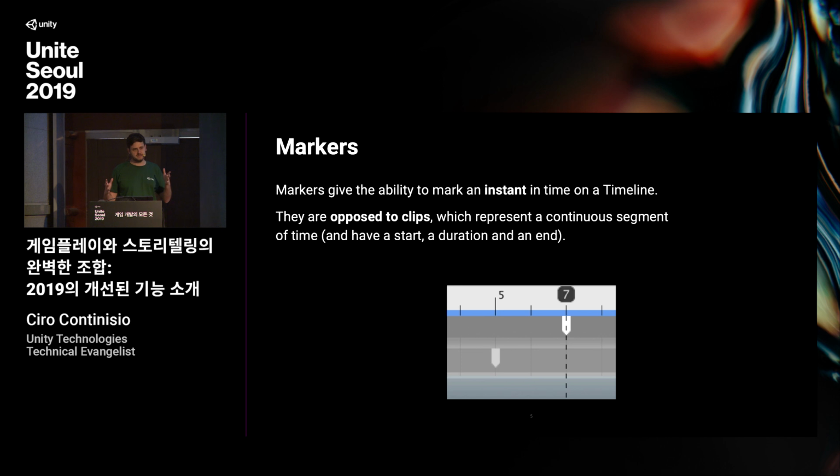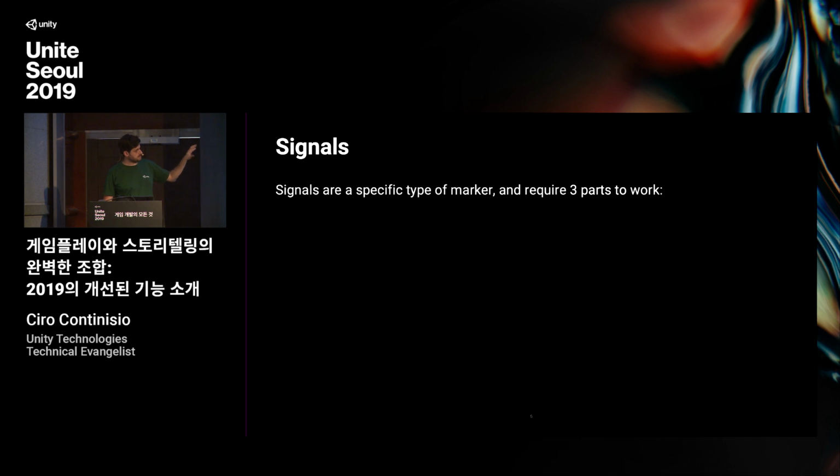Something which has a start, a duration, and an ending. While markers, on the other hand, are instantaneous. So for markers, it only exists like before and after. So these are markers.